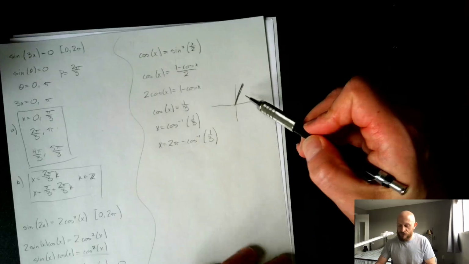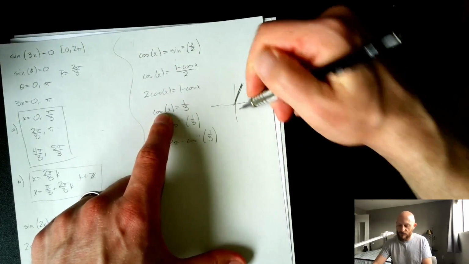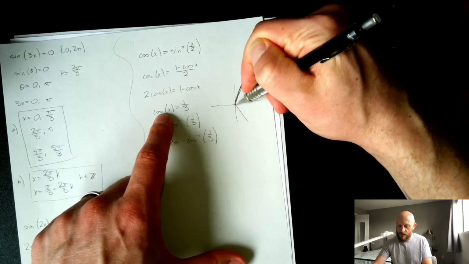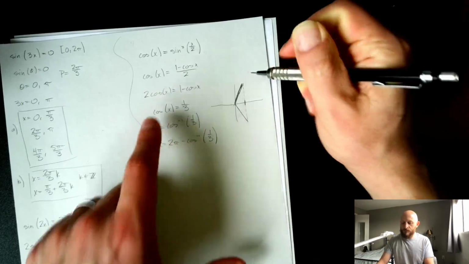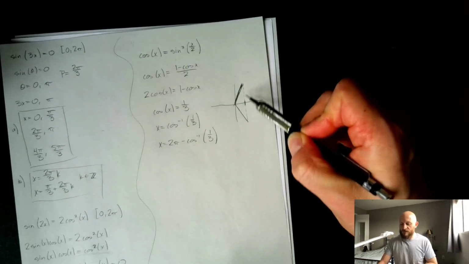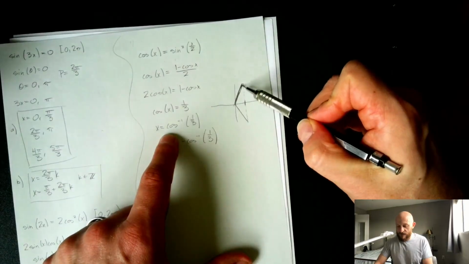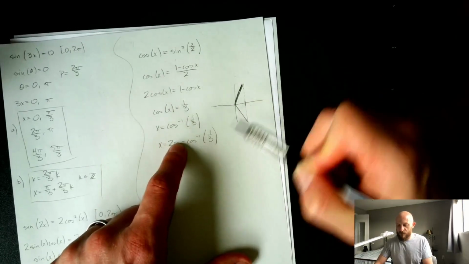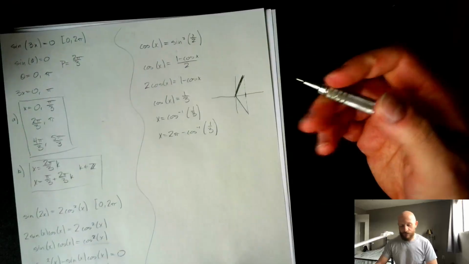So here's one solution to cosine of x equals 1/3, but the other solution is this same thing reflected over the x-axis down here. These both have the same cosine value. The inverse function gives us this top one, and we have to deduce the bottom one. So these are the two solutions.